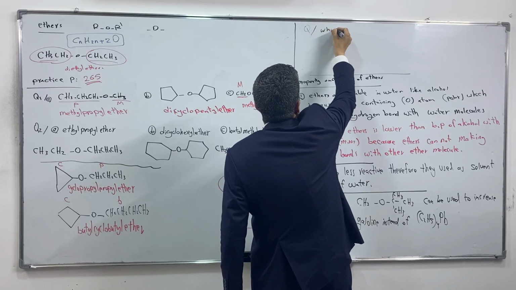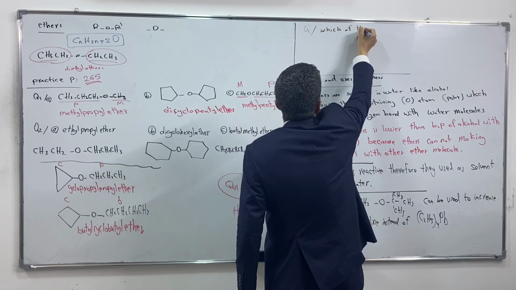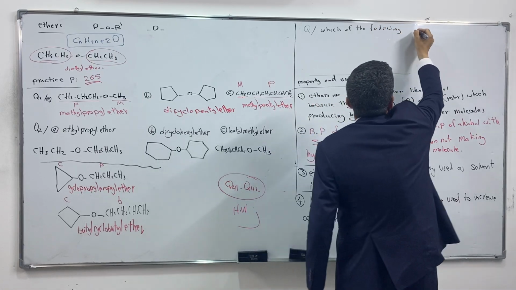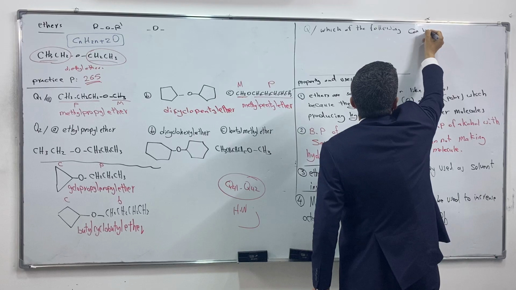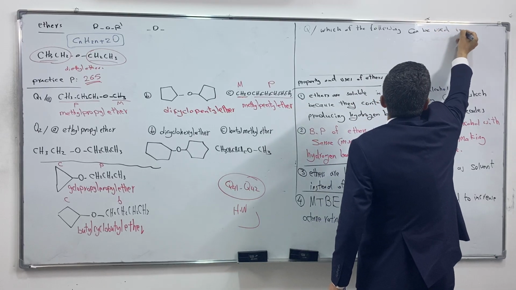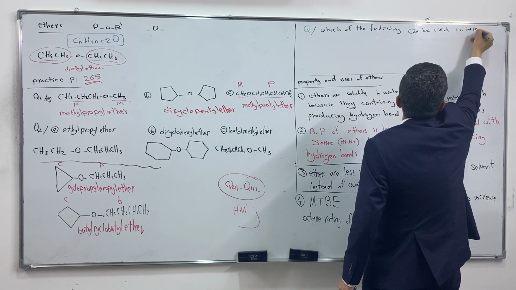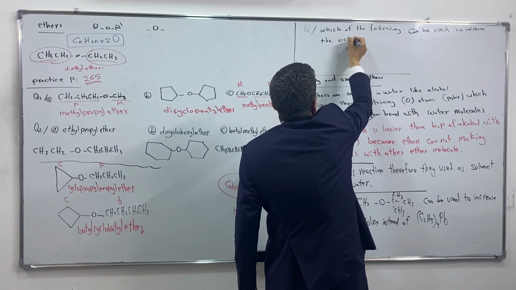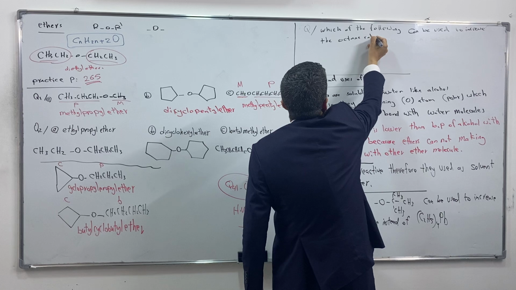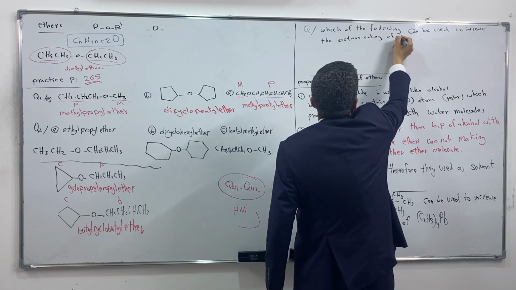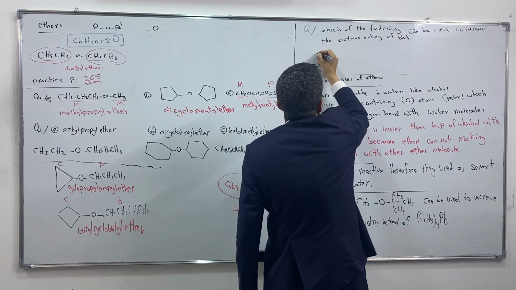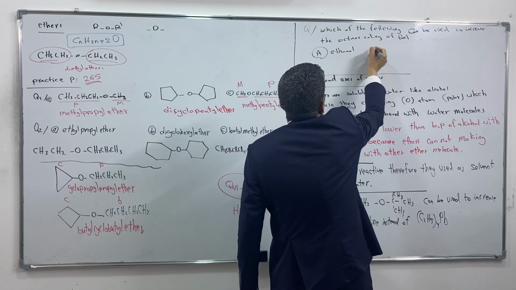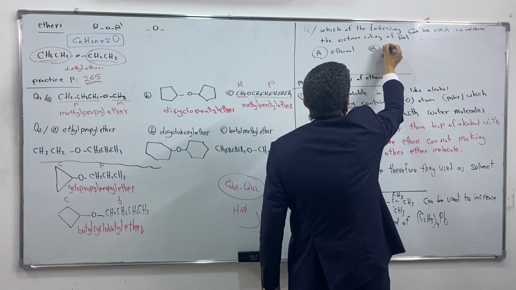Question, we have this very important question. Which of the following can be used to increase the octane rating of fuel? We have some multiple choices. A, we have ethanol. B, we have MTBE.